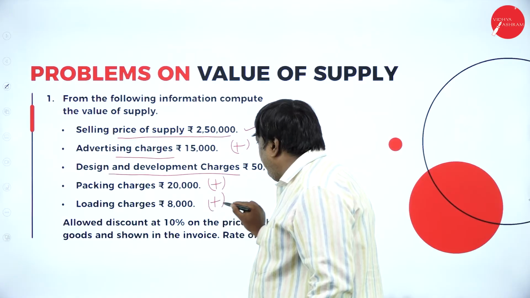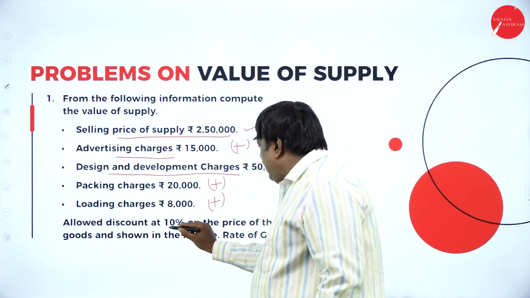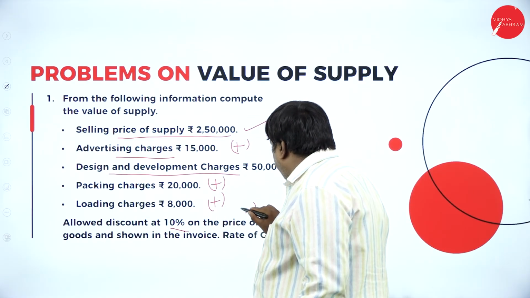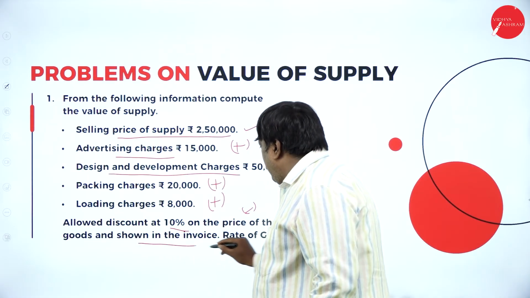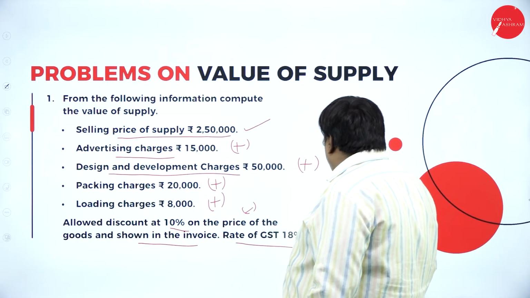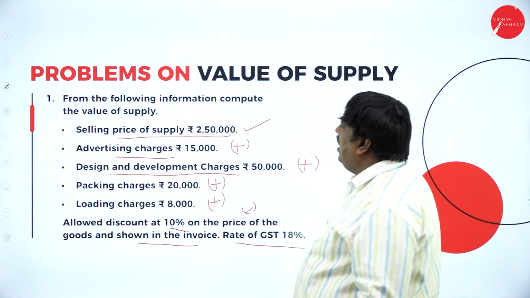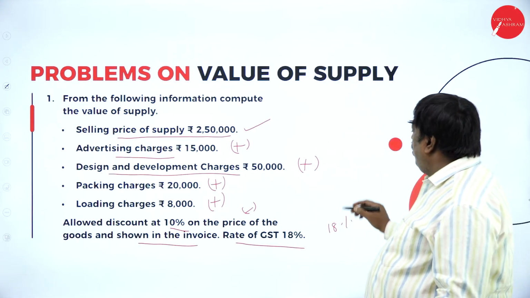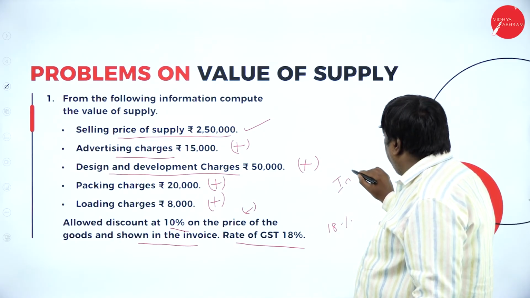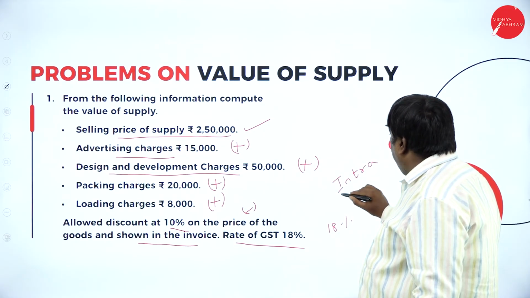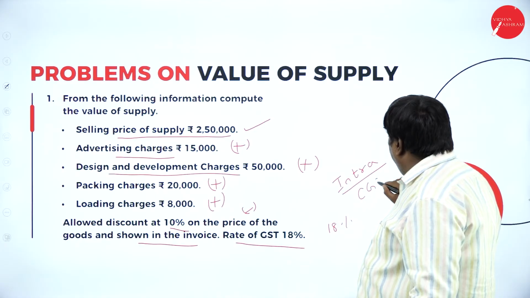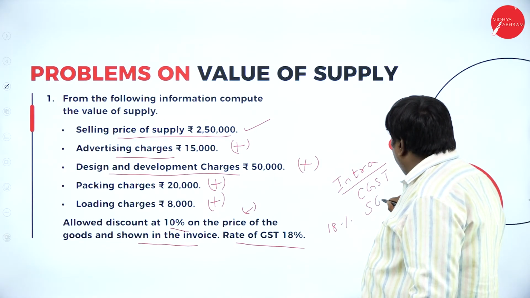A 10% discount shown in the invoice has to be deducted. The rate of GST is 18%. When they have not given any information, we treat it as an intrastate transaction. Intra means CGST and SGST.